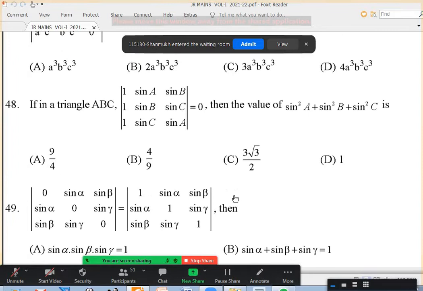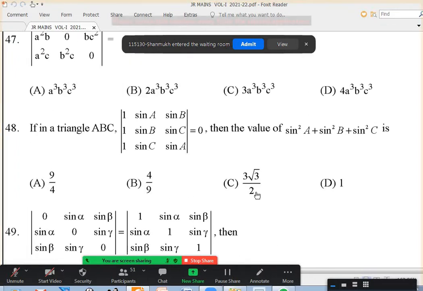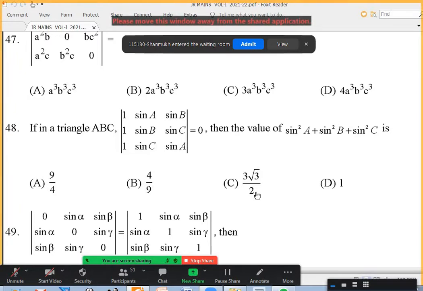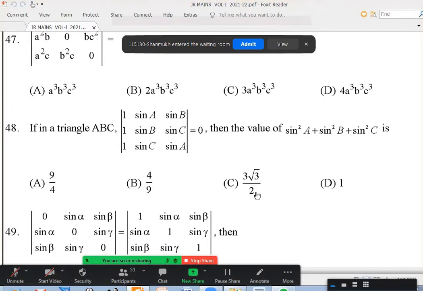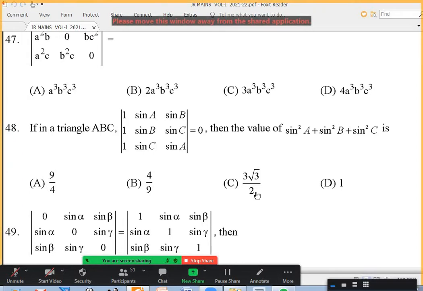So 48. I'm going to, just for the sake of convenience, say sin A is equal to some L, sin B is equal to some M, and sin C is equal to some N. Then it will become the determinant of 1, 1, 1, L, M, N, and M, N, L equal to 0.